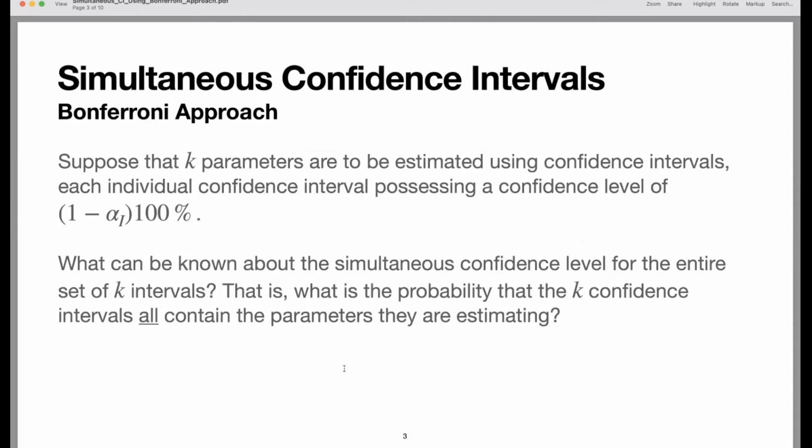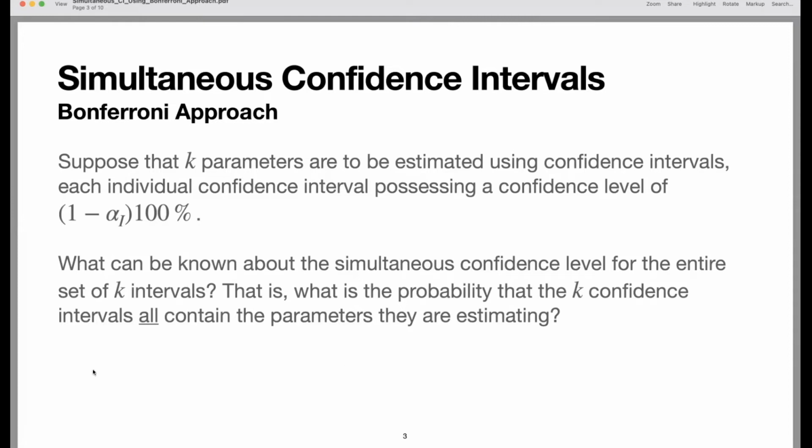Now, let's apply this to the situation where we want to construct simultaneous confidence intervals. Suppose that k parameters are to be estimated using simultaneous confidence intervals, and that each individual confidence interval possesses a confidence level of (1 minus alpha sub I) times 100%.